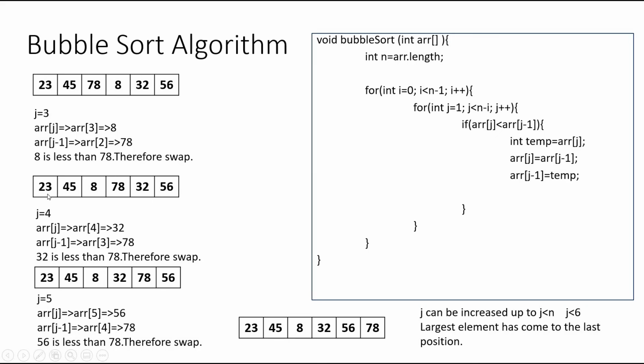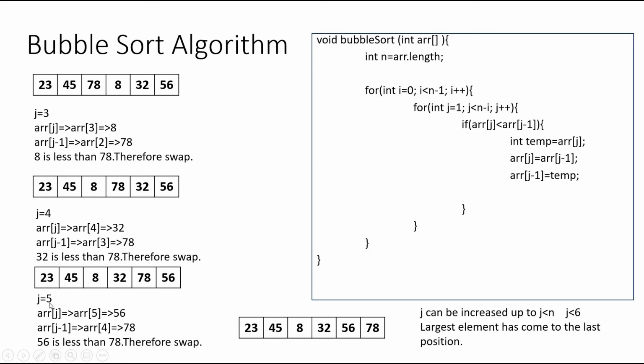What is arr[3]? 0, 1, 2, 3, it is 78. Of course, 32 is less than 78. This condition is true, so this code part will be executed. So the 32 and 78 will be swapped. Previously it was like this. Now 32 came here and 78 came here. Now it comes out of this if condition and goes to the next iteration.